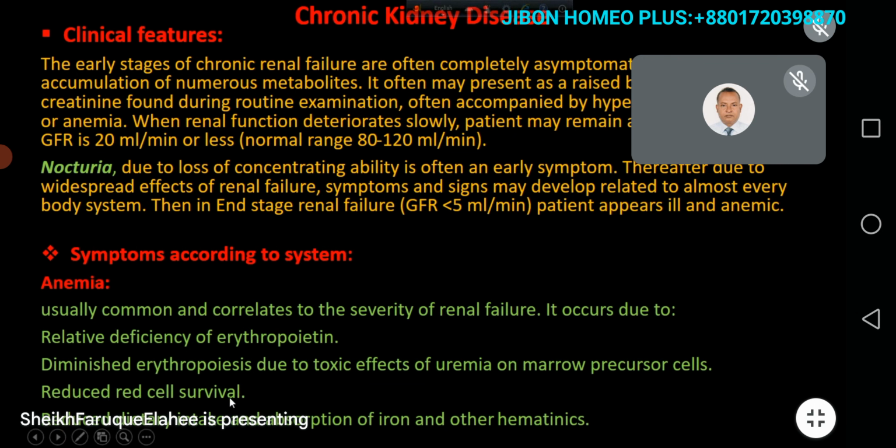Then reduced red cell survival. You know, RBC survival is 120 days. Once one RBC is born from the bone marrow, it will live up to 120 days, means 4 months. After 4 months, where will it go? It will die. Where? RBC has a graveyard, like our Azimpur graveyard for us.